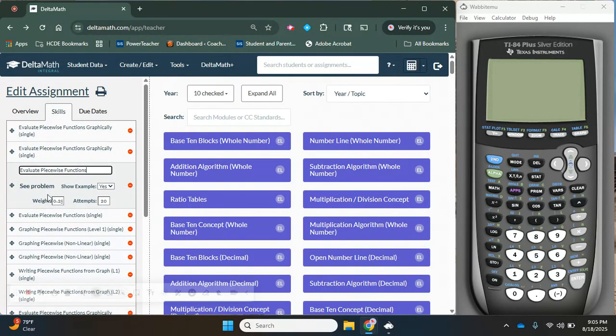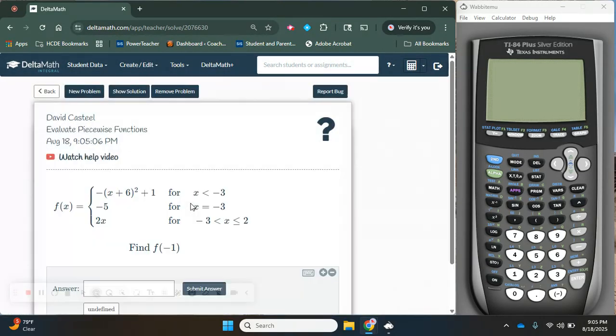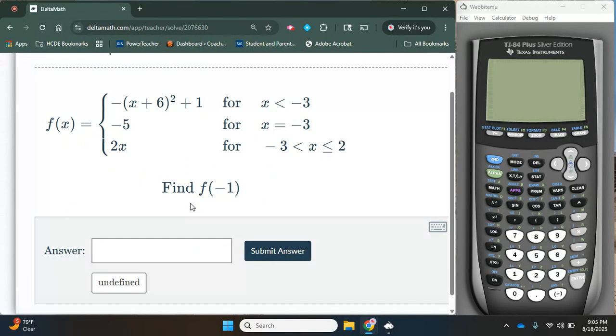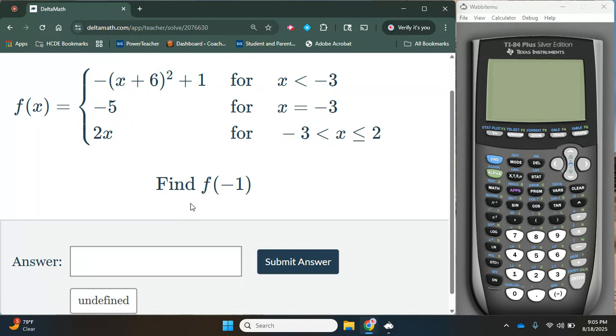All right, now let's get into a little more difficult stuff. What do we do when we do not have a graph? Well, you can do one of two things. You can either put it into the graph, or you can solve these values. What we have here is the functions that you're supposed to use.